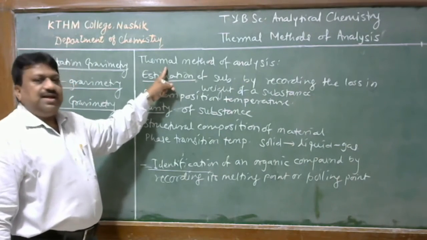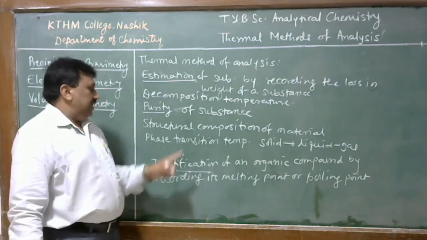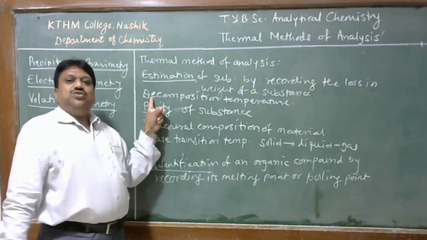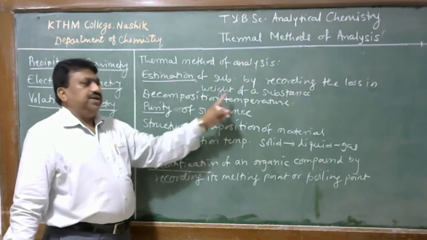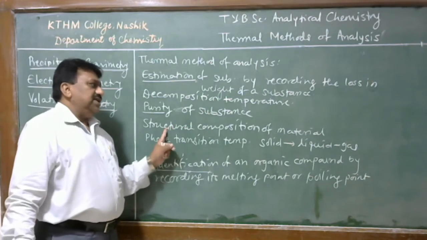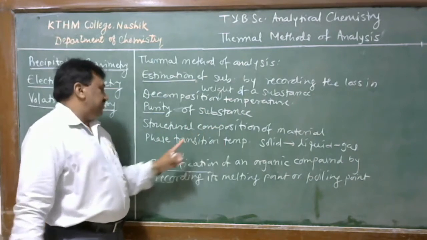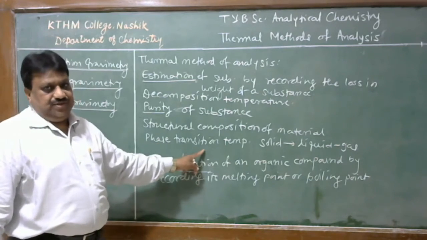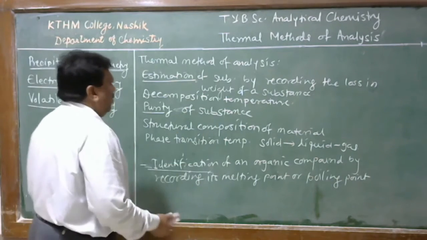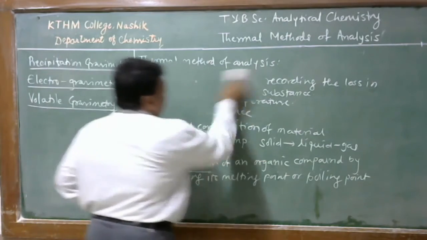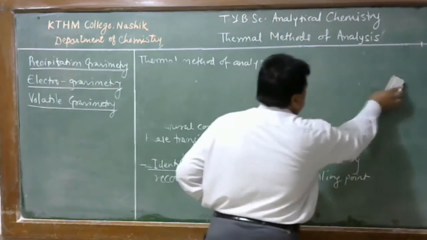Therefore, thermal methods are not only useful for identification and estimation of a substance, they are useful for determination of the decomposition temperature of a substance, purity of the substance, structural composition of the material, as well as the phase transition temperature. All these can be carried out by using thermal methods of analysis.